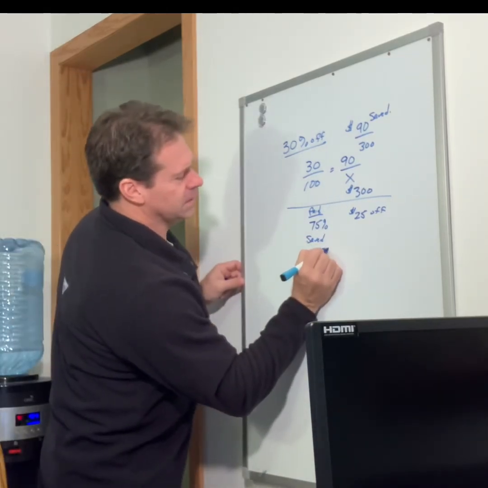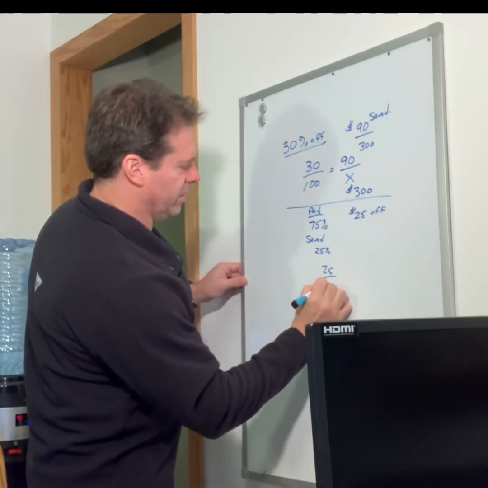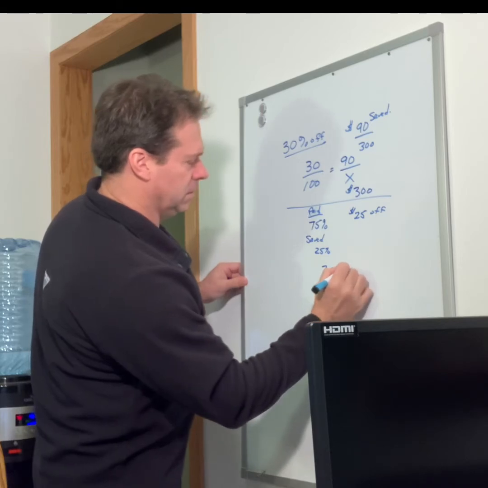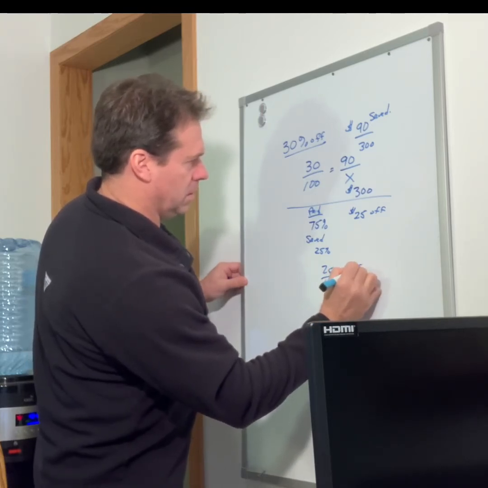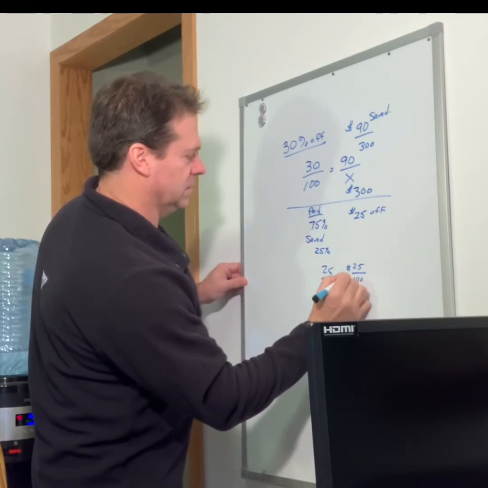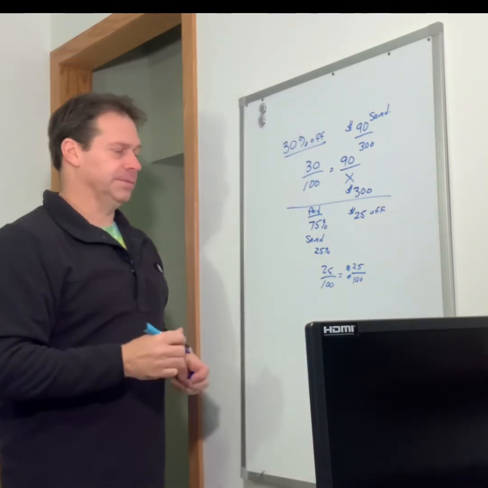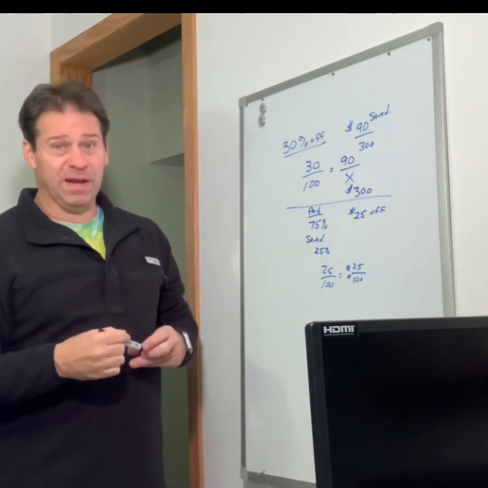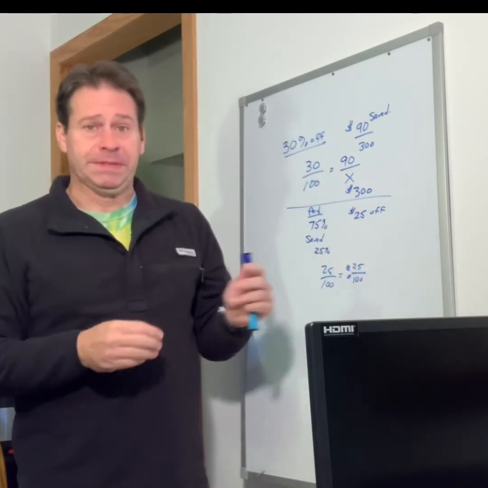Saved 25%. So now I have 25 out of 100 equals $25, and the price was $100. I made them easy, just because it was easier that way. Set them up as proportions.